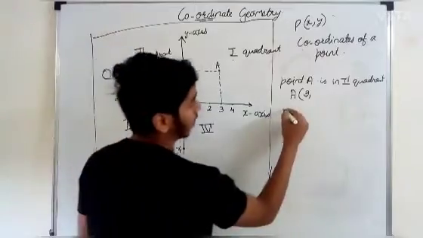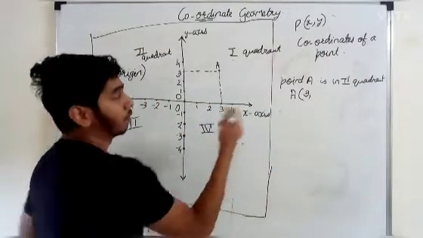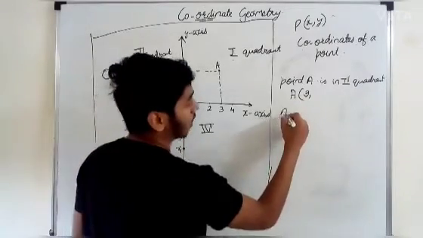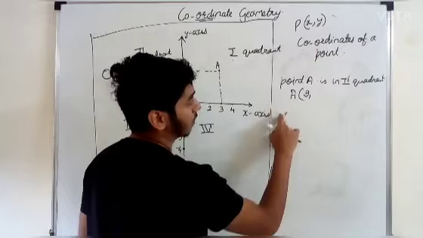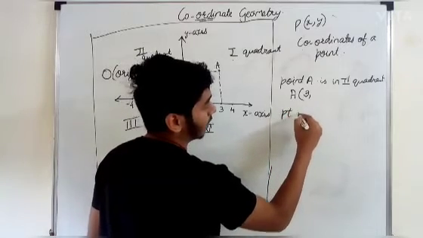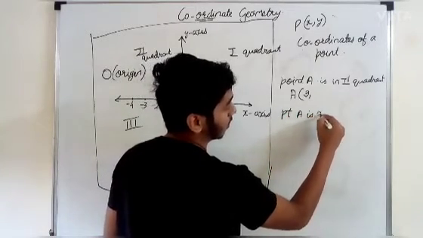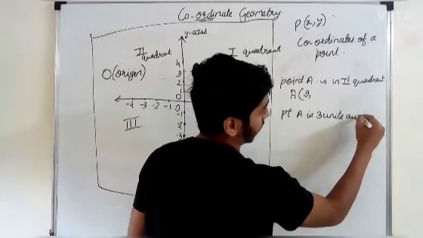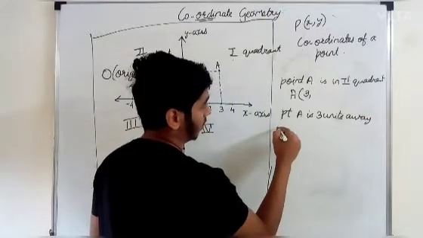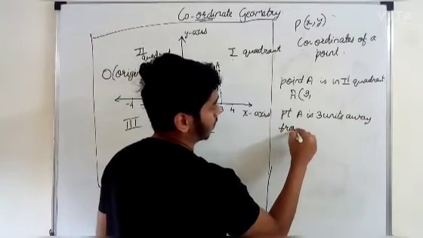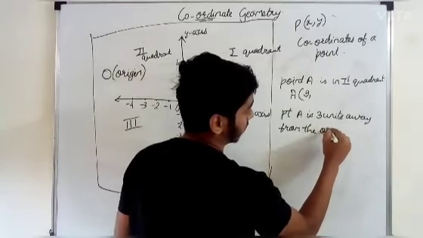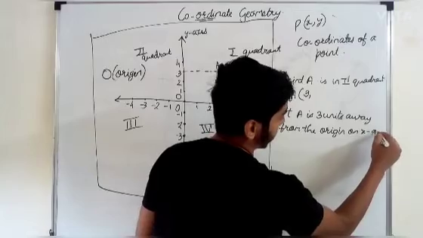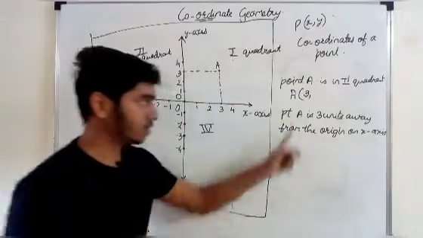If you are not understanding, let me write it in words for you. Point A is 3 units away from the origin on the x-axis.